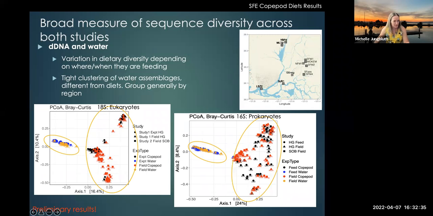And for both genes, for all the samples in both studies, we saw a similar pattern in the diversity where the water assemblages were clearly more similar to each other than to the diet samples. And the diet samples in red and black spread out quite a lot more, and mostly depending on where and the conditions that they were collected in, which was sort of expected.